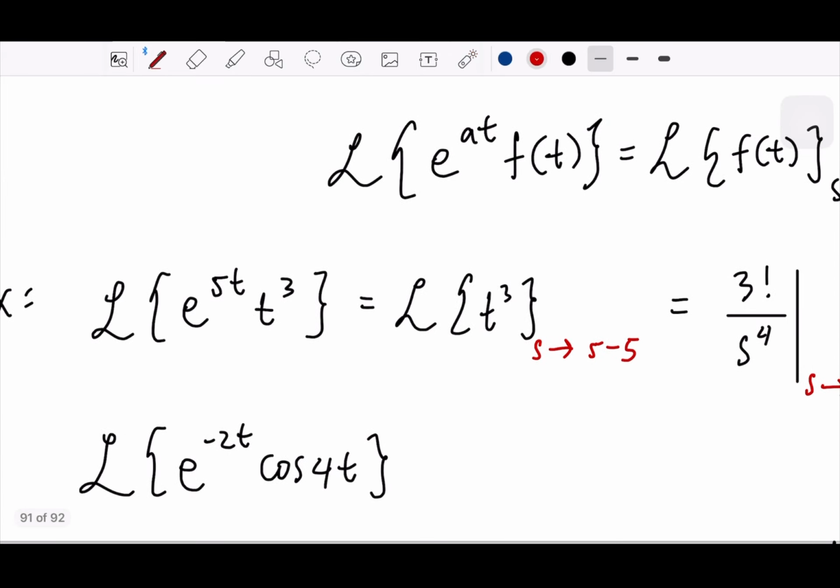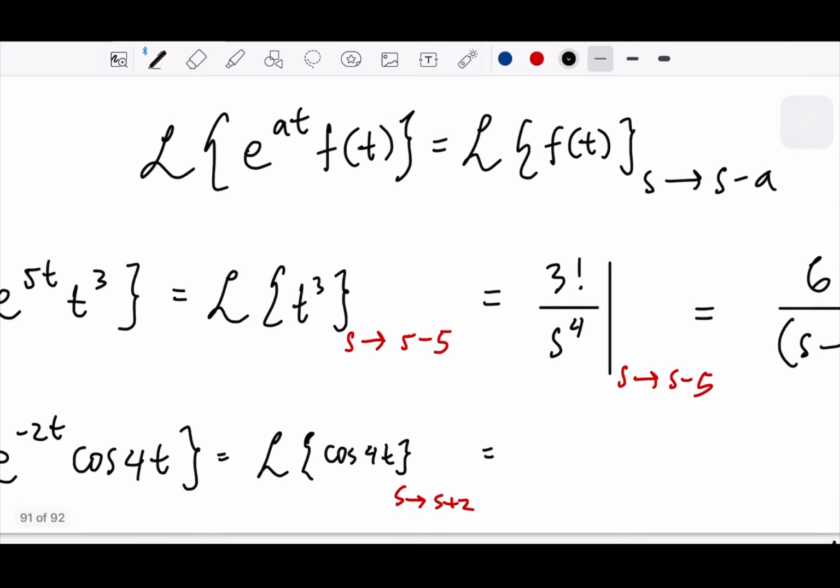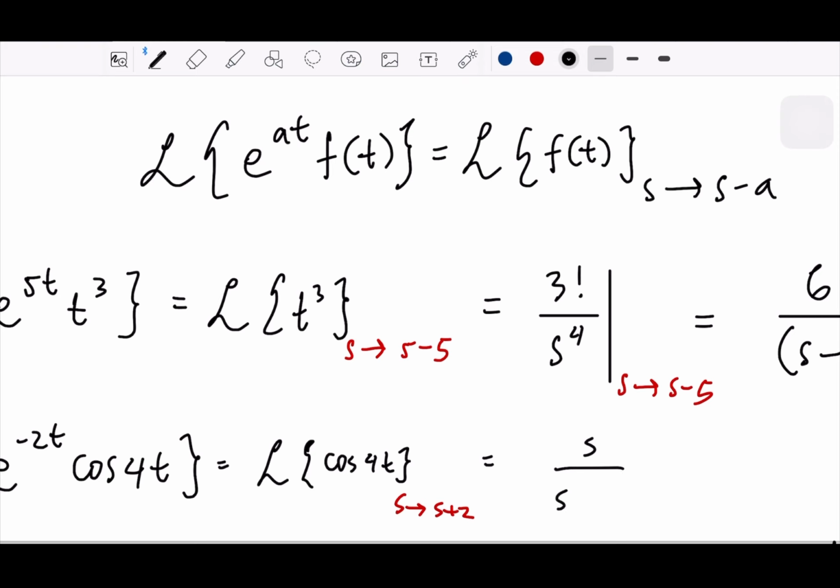We can start with cosine 4t and then translate to plus 2, right? This becomes s over s squared plus 16, right?